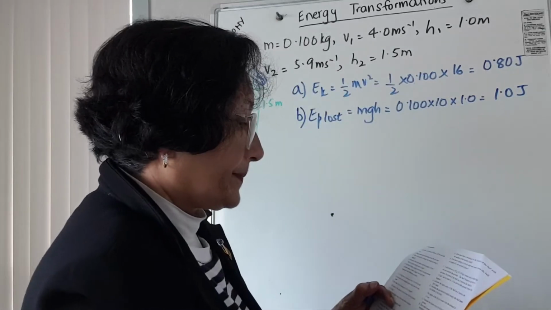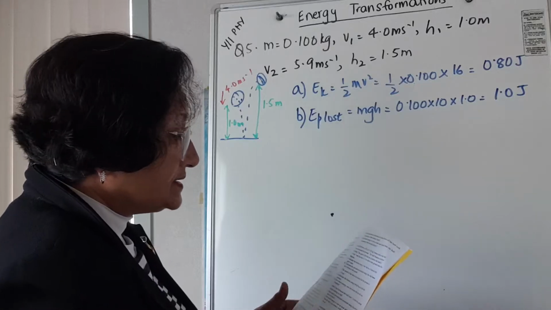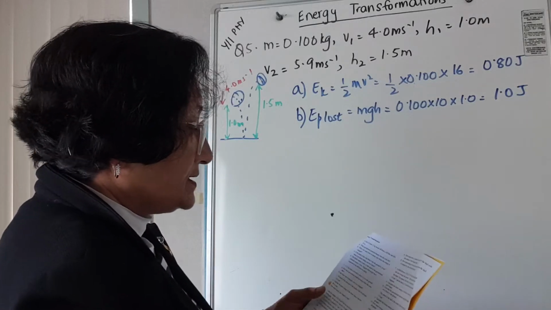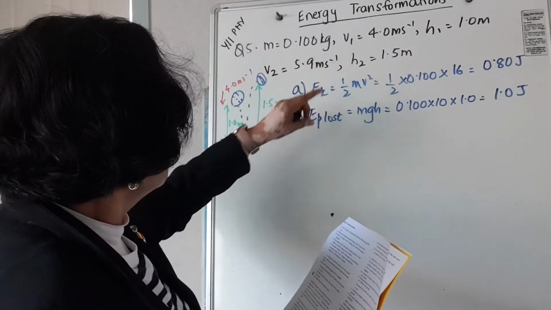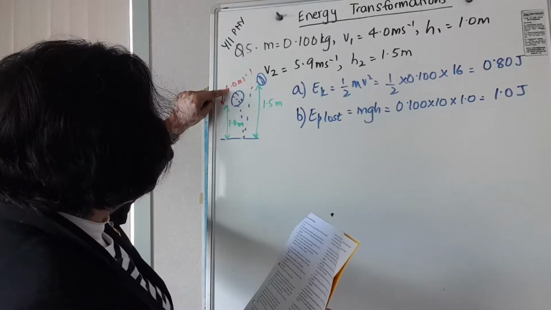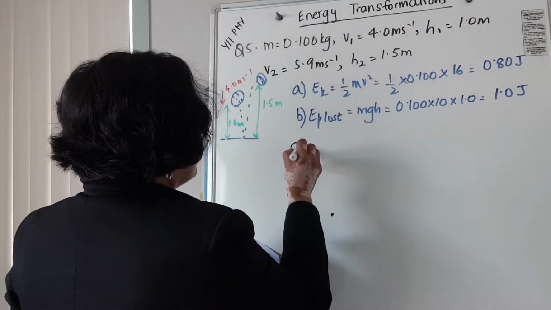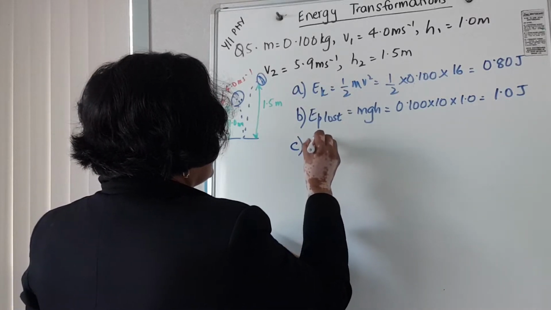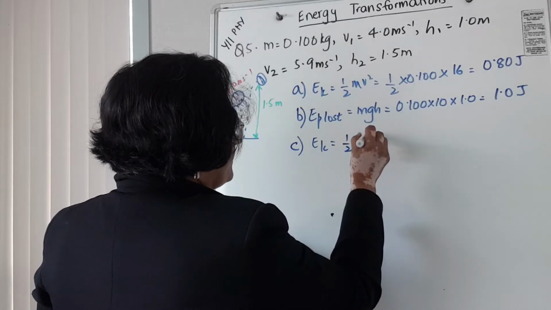Okay, then the speed of the ball at the instant it hits the ground is 5.9 meters per second. So this is the speed when it hits the ground over there. The speed over here was 4 meters per second, but because she's throwing it with that, it's got more speed. So what's the kinetic energy of the ball as it hits the ground? It's again half mv squared.